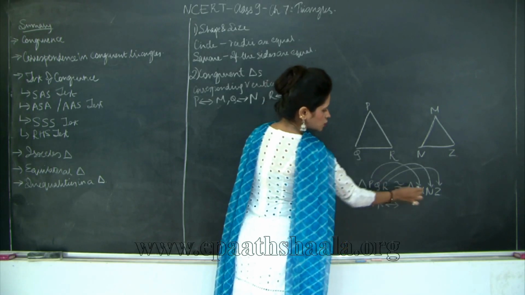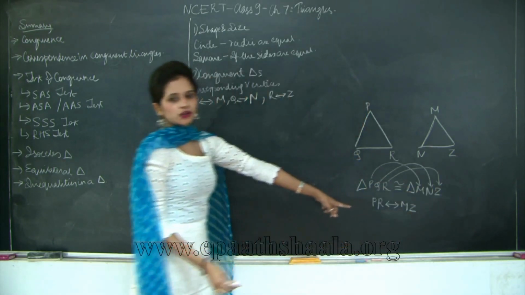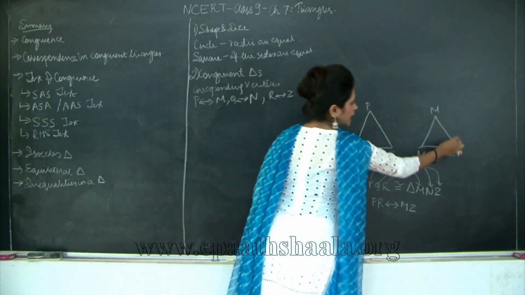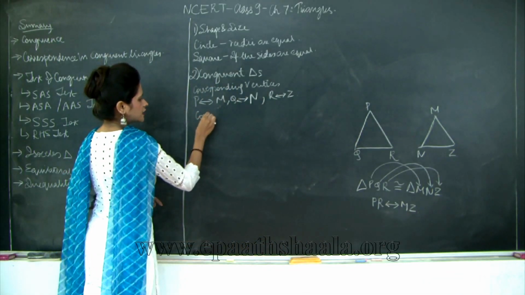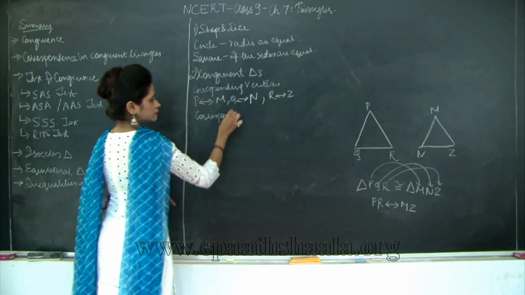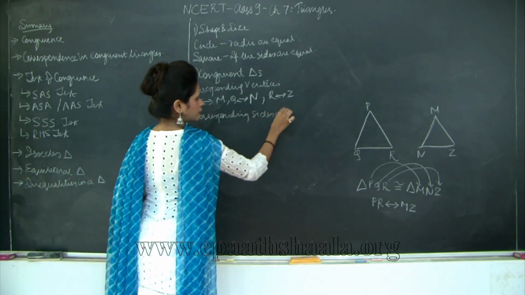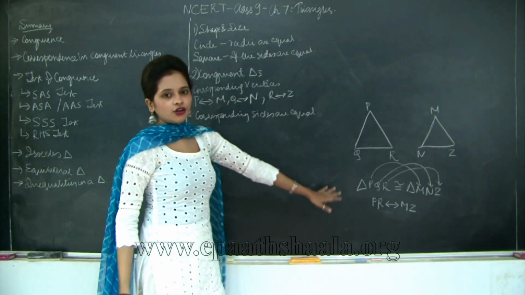Now P corresponds to M, and R corresponds to Z. So PR corresponds to MZ. If I am taking PR, I am going to take MZ. Okay. So corresponding vertices are equal. You can take it in any order.